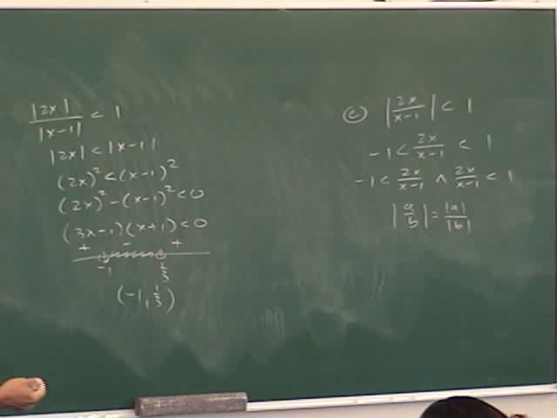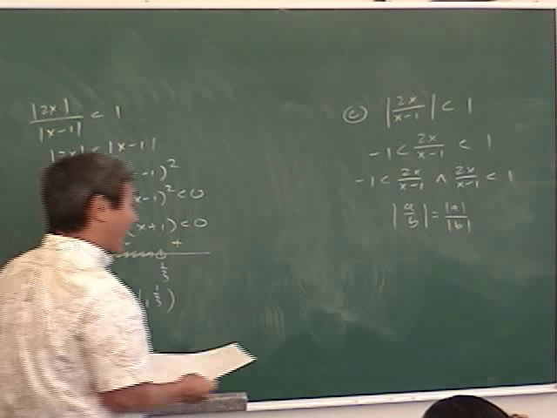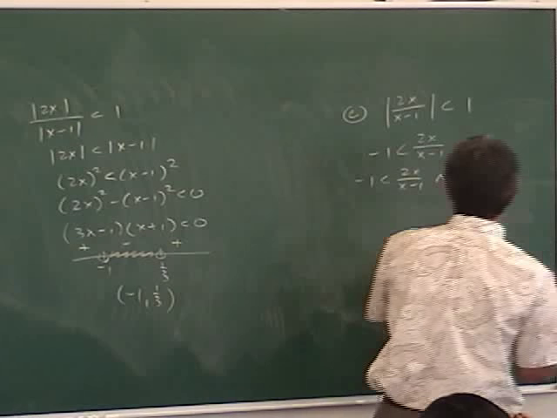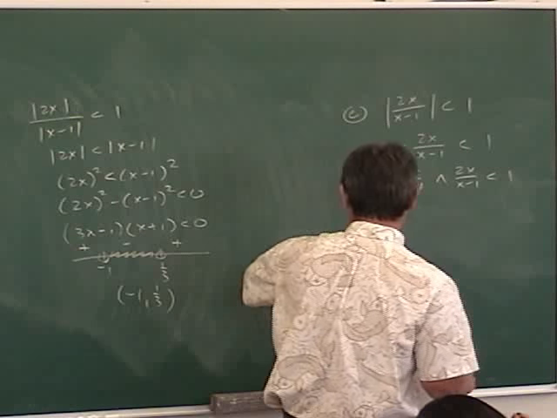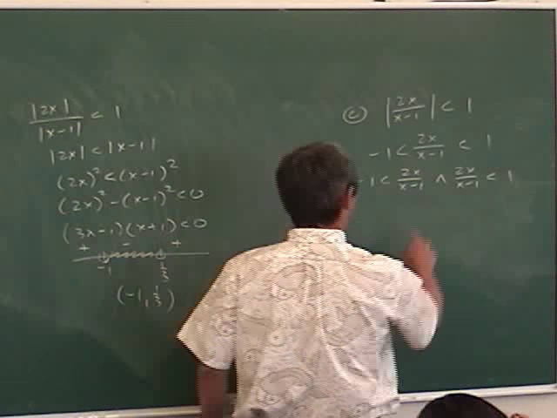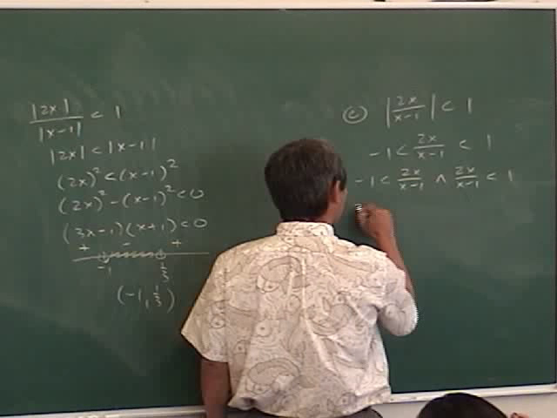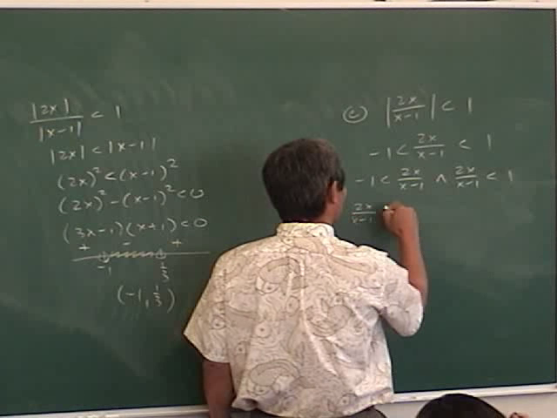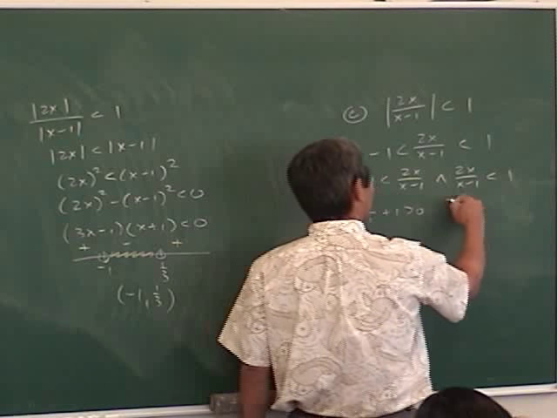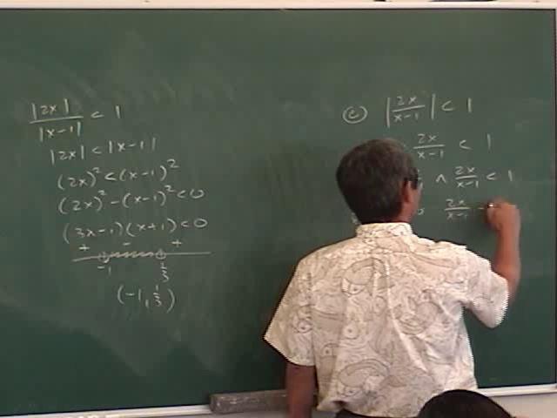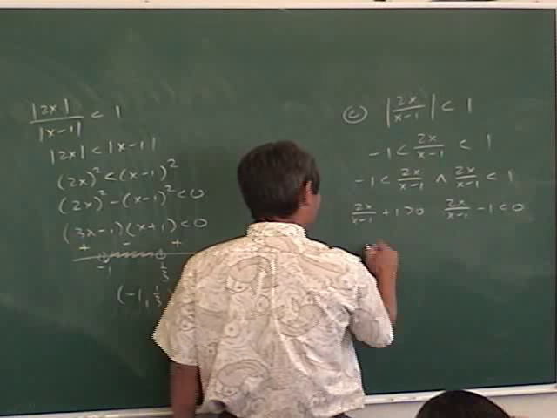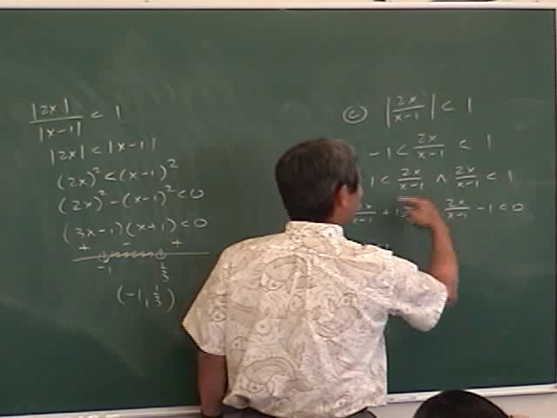So that would be the short way. But if you can't think of that, then you just gotta do it the long way. Let's just do it the long way for fun since we're getting video. So how do you solve inequalities? You make one side 0, so plus 1 greater than 0, and then 2x over x minus 1 is less than 0. And then you gotta make a least common denominator. This is like today's quiz, except you got 2 of them.